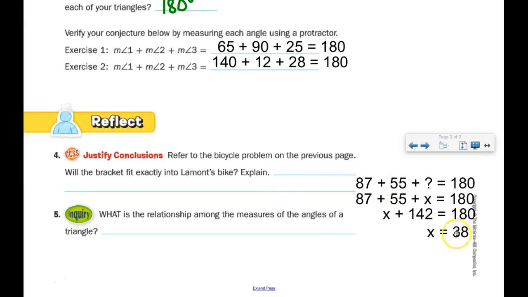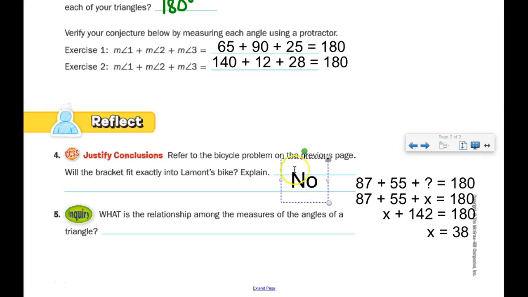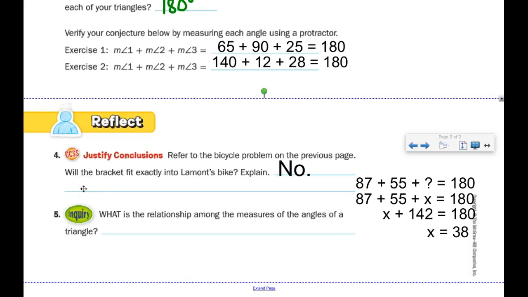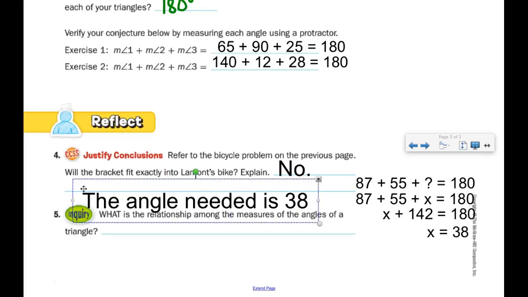And the reason is because he needs a 38-degree angle bracket and he only has 35. And then our explanation is going to be based on the fact that the angle needed is 38 degrees, right? Not 35. So it will not fit exactly.